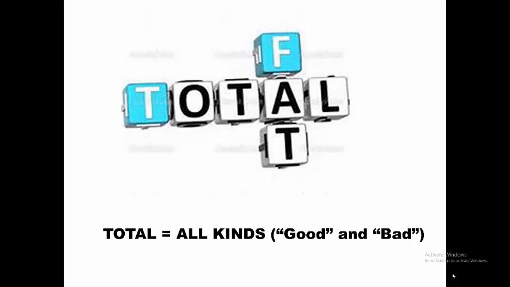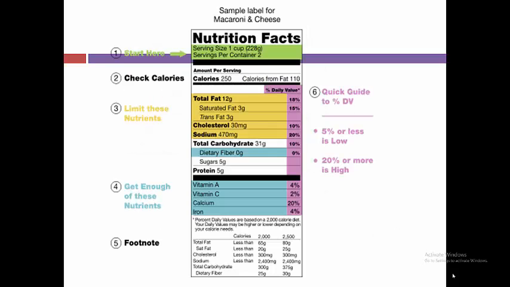So thinking back to what you learned earlier in the course with regard to the nutrition facts panel, remember when we are looking at the label line that shows us the total fat, that is the cumulative total of all kinds. So that should start making more sense to you now, right?